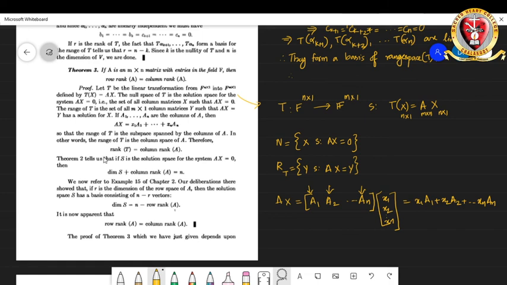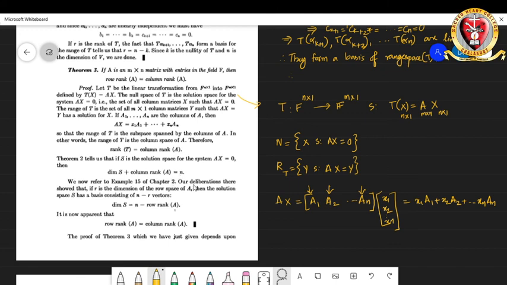That means the dimension of the range of T, which is the rank of T, is equal to the dimension of the column space of A, which is the column rank of A. And from the rank nullity theorem, we know that dimension of S plus column rank of A is equal to n.